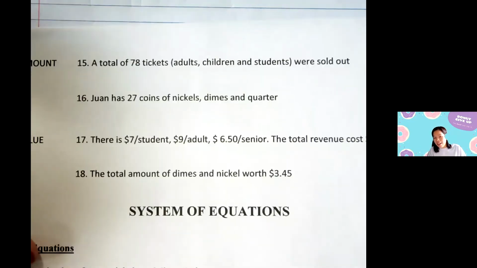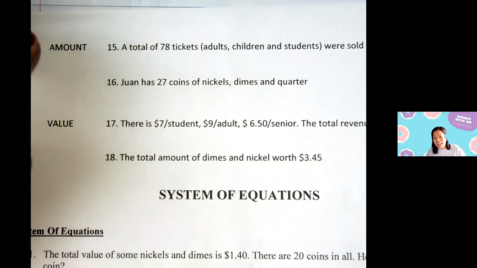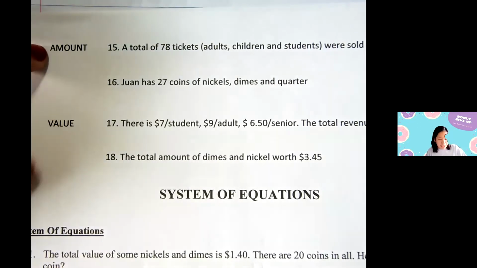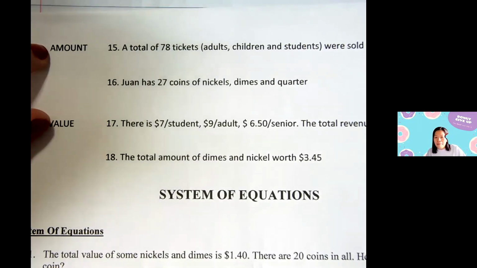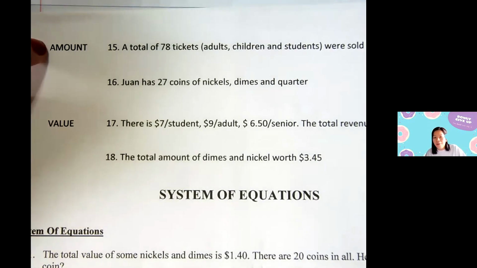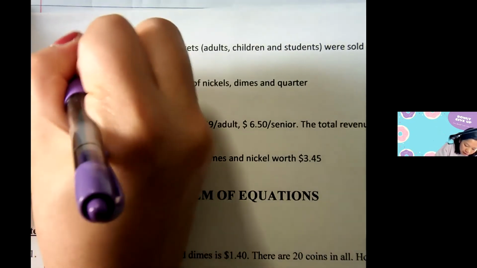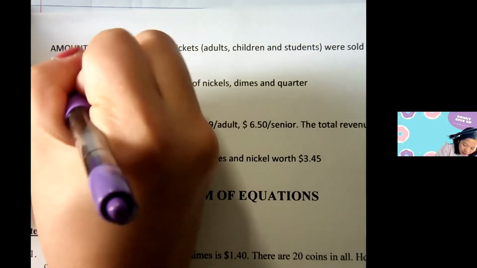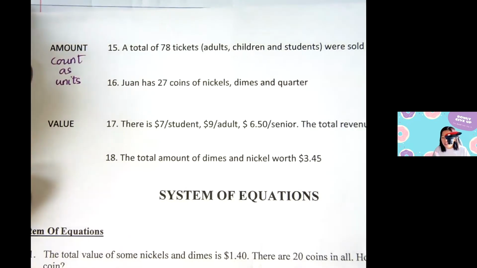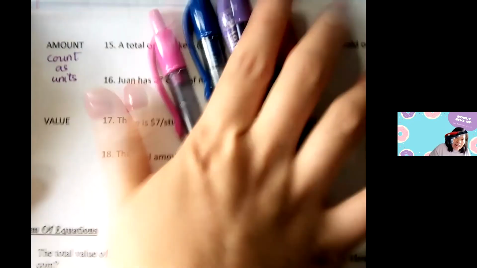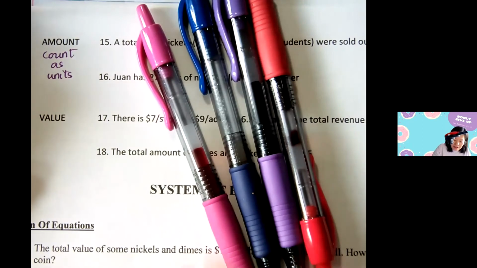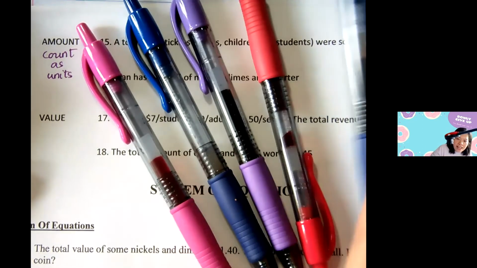So here we go. Next one, we're talking about the number, the amount and the value. Now, the amount is whatever you can count, okay? We can count by whole numbers, count by unit. For example, Miss Doe has a lot of pens right here. 1, 2, 3, 4, 5, and more.